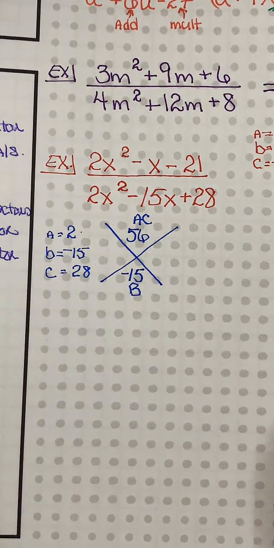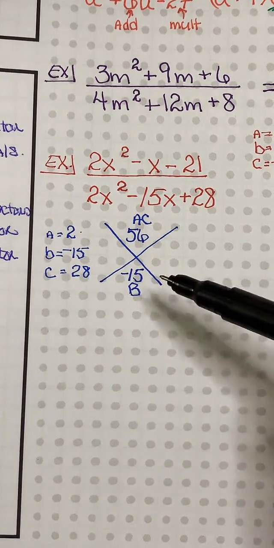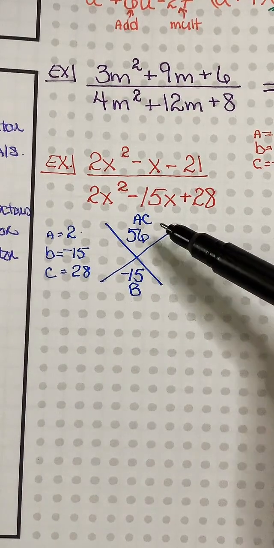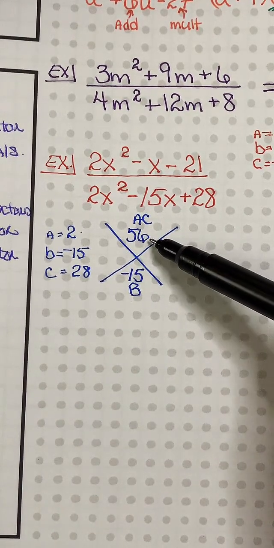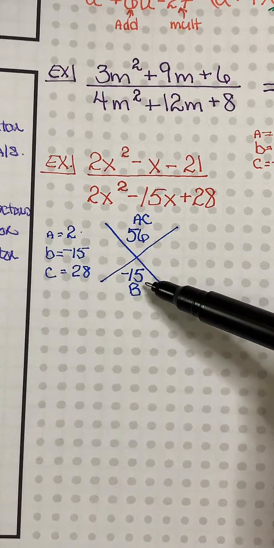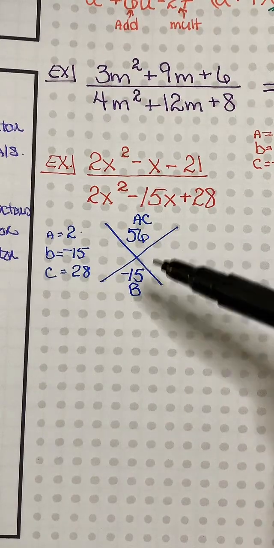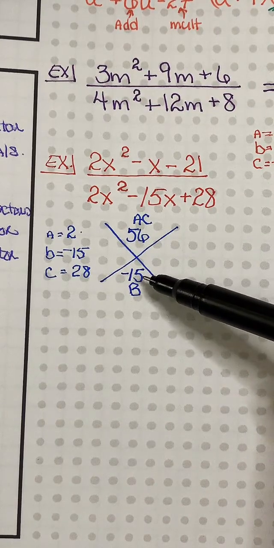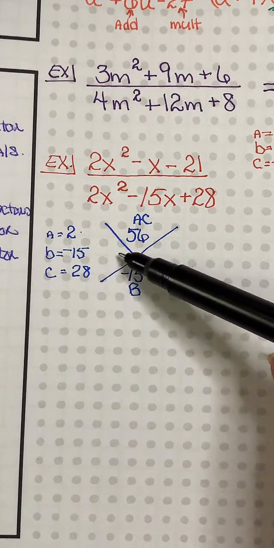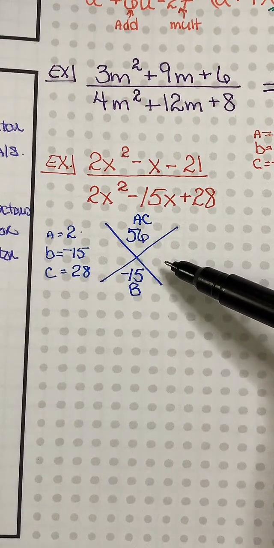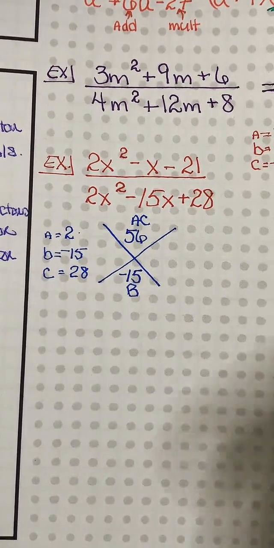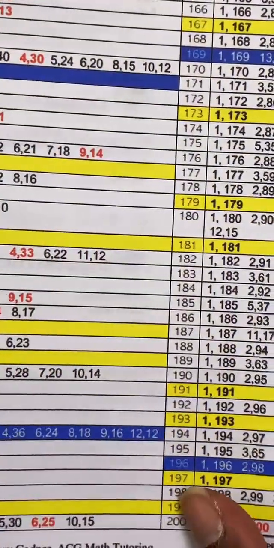So now we need to think what two numbers multiplied together will give me 56 and add together to give me a negative 15. Since the product is positive and the sum is negative, both of them are going to have to be negative numbers. So let me go back to my factor chart.